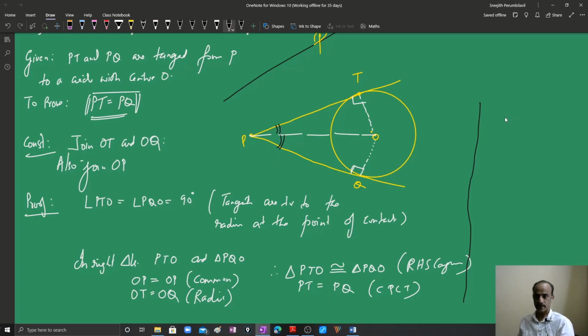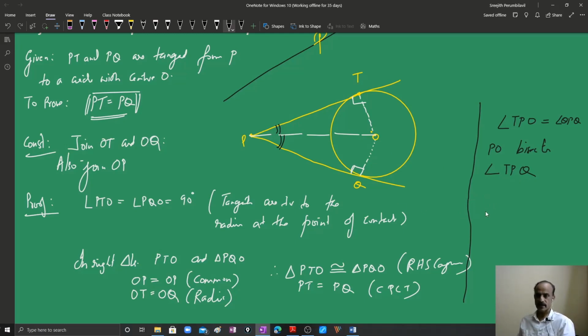Angle TPO is equal to angle QPO. The naming doesn't matter; the concept you have to learn is that PO bisects angle TPQ.